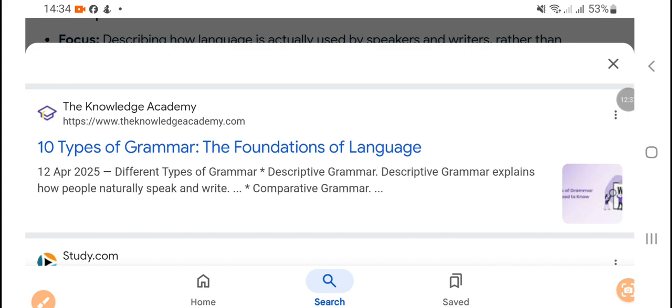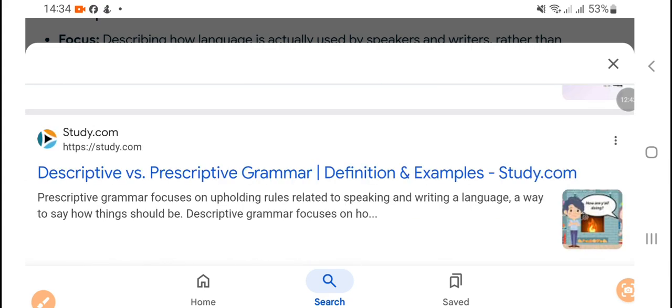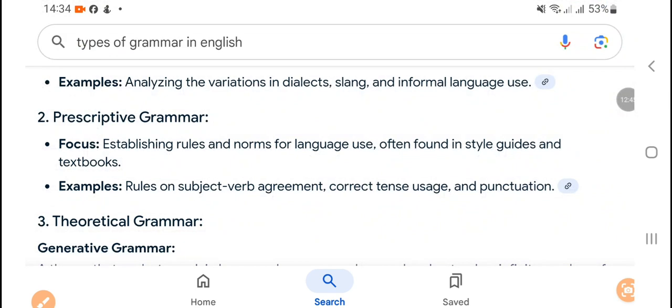What are the slangs and all? I'm trying to find it out. Okay, no problem. I'm telling you. That's variations in dialects, right? Dialects, you know that the language which is developed within a community is called dialects, right? So that is variations in dialects.